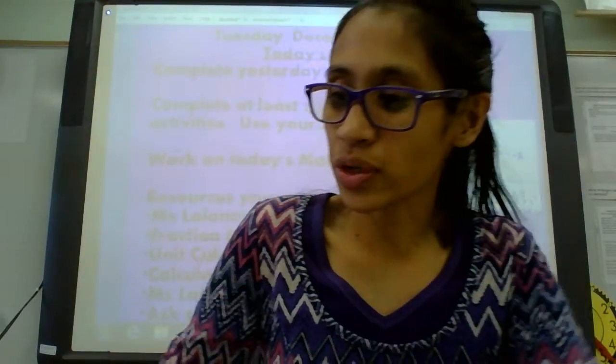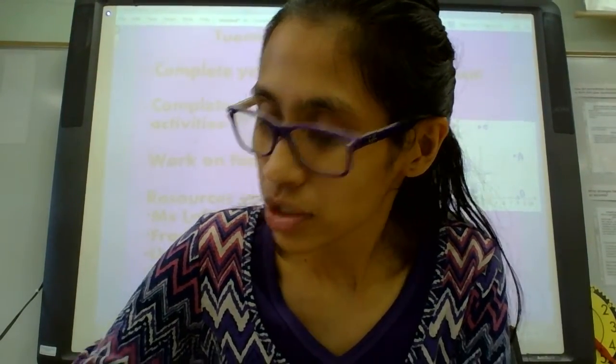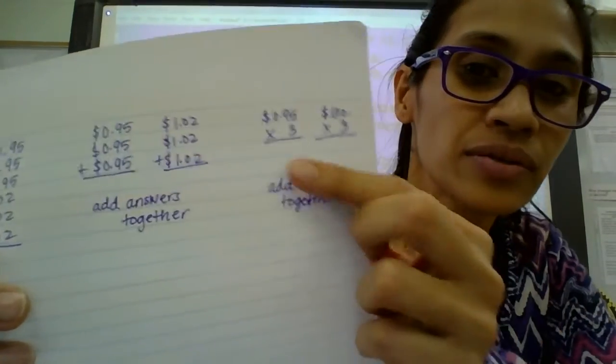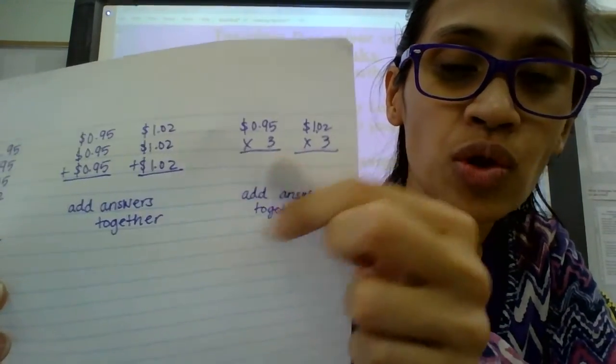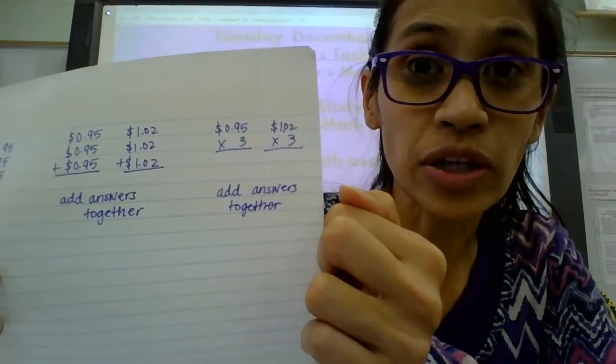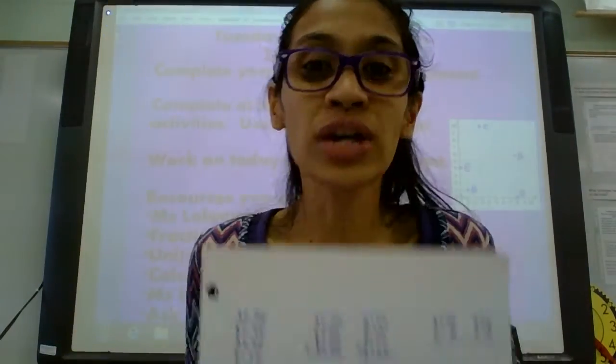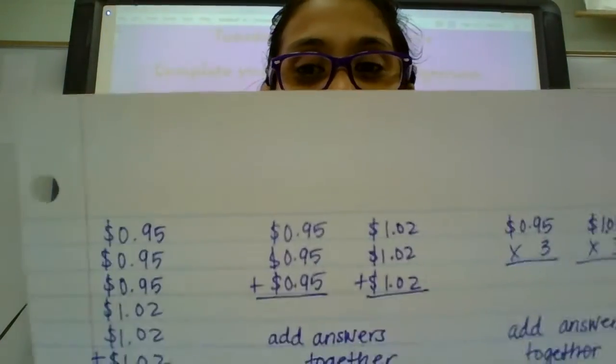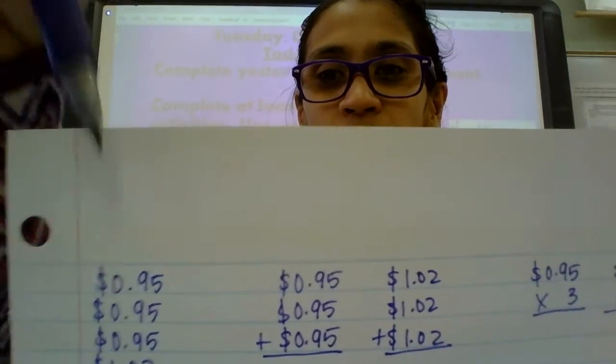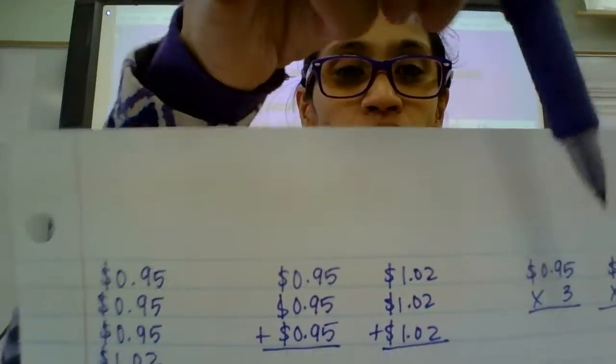Add those together. All right, bam. Right there. So get the total, and then add it together for your final total. All right, so 3 different ways, 3 different strategies you can do it. First way, second way, third way.